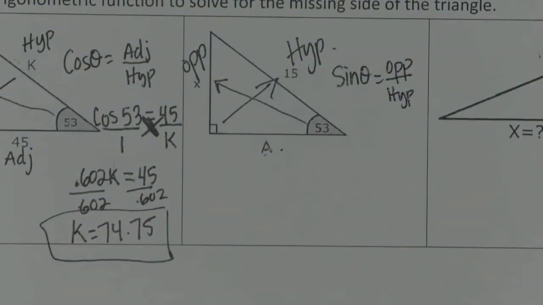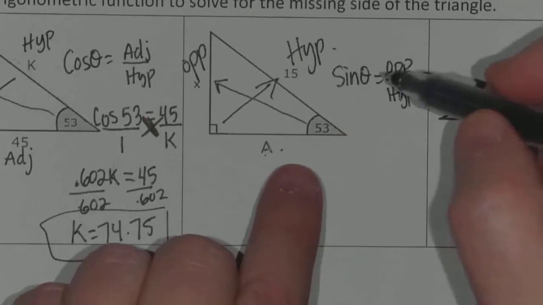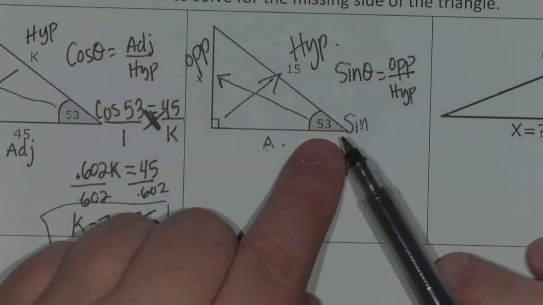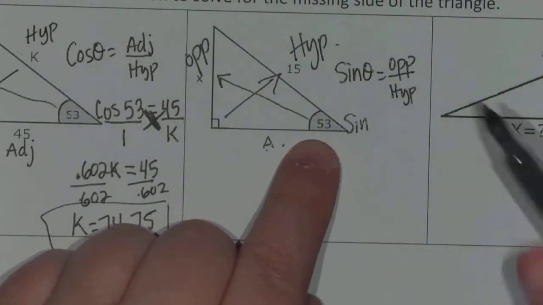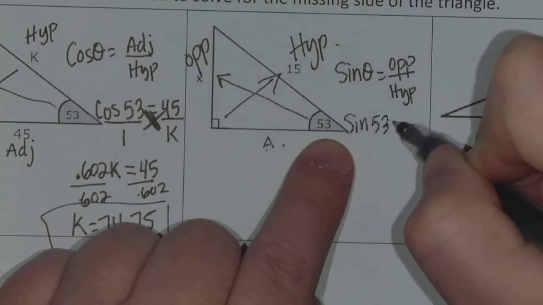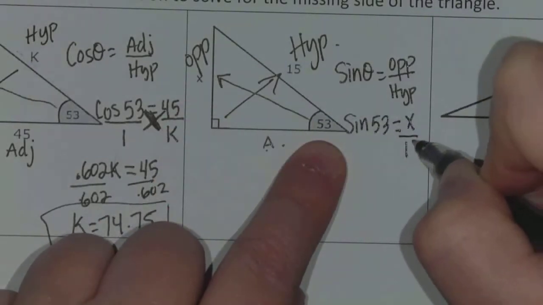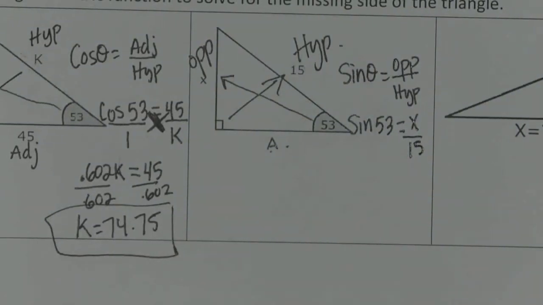And I'm going to substitute the information that I have in the place of my formula. So I'm going to do the sine of how much? 53 equals the opposite, which is x, over the hypotenuse, which is 15.